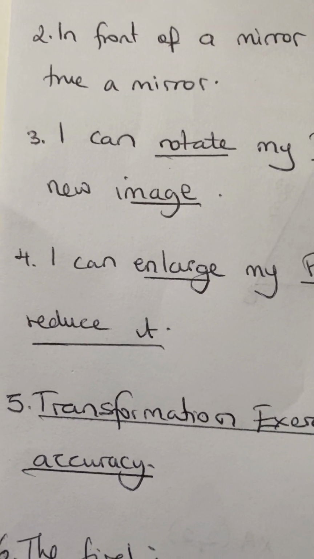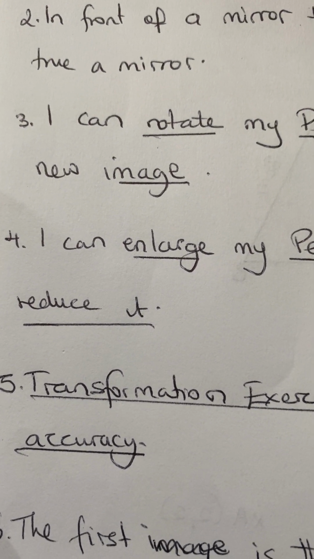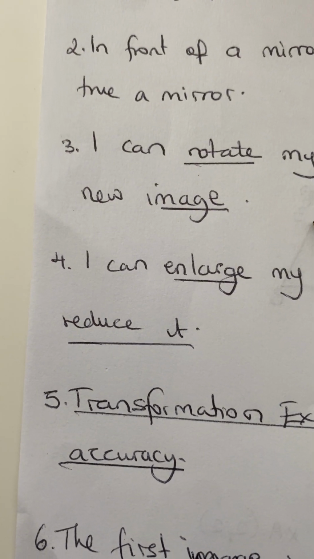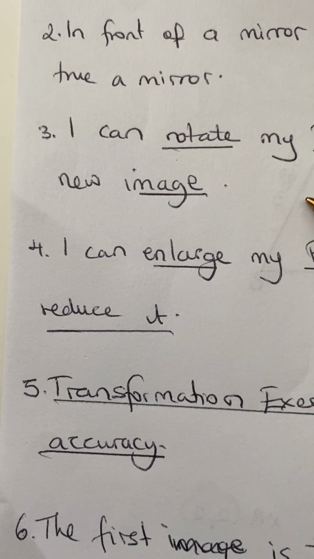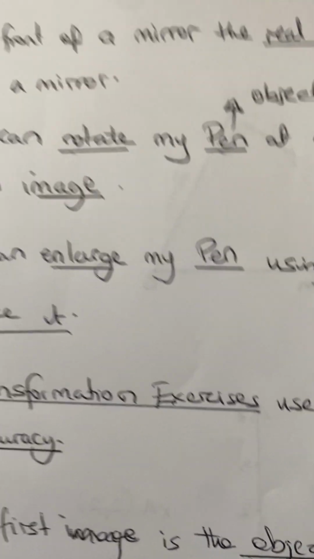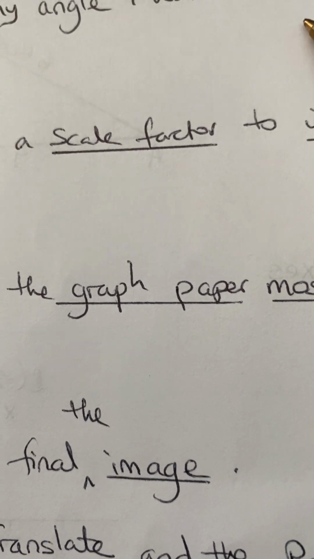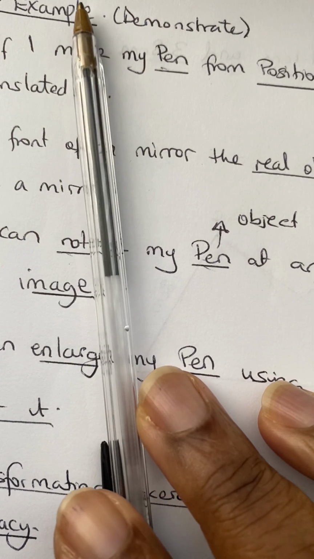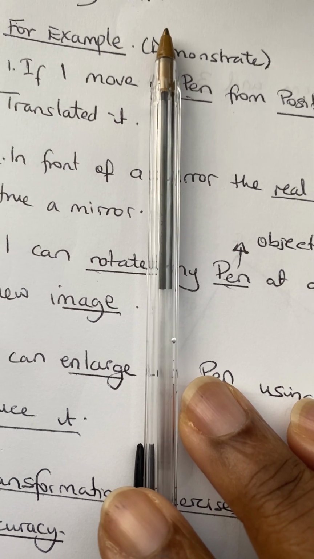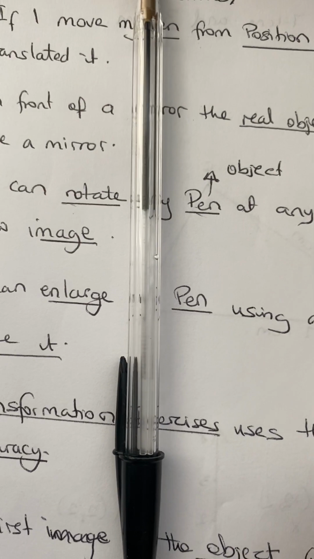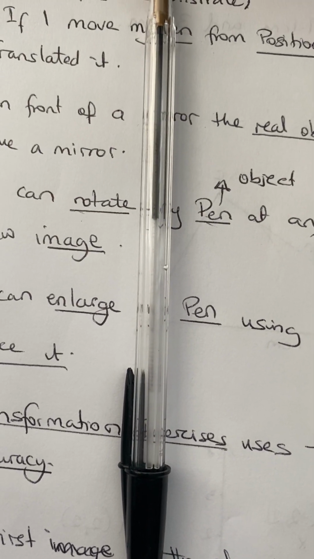Now, I can rotate my pen, which is the object, at any angle I want to create a new image. If you look at my pen, that is the ballpoint and that is the tip.